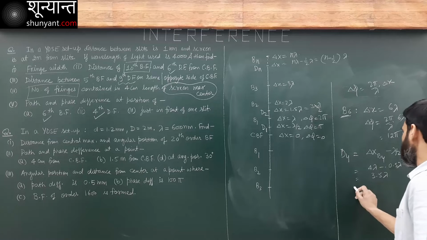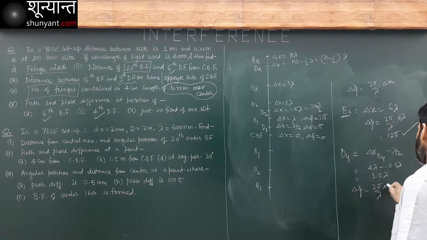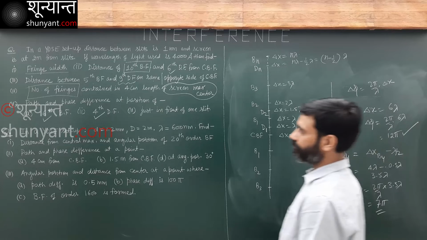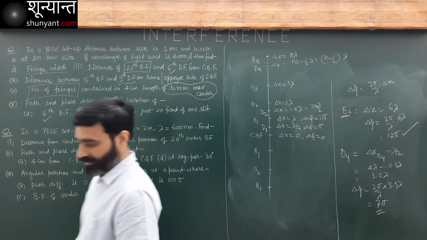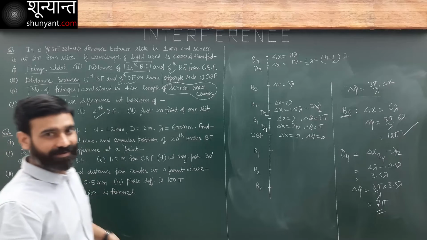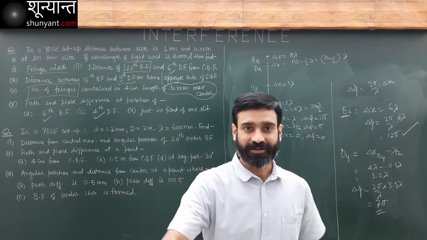What will be the phase difference? Delta phi is 2 pi over lambda times 3.5 lambda, it becomes 7 pi.